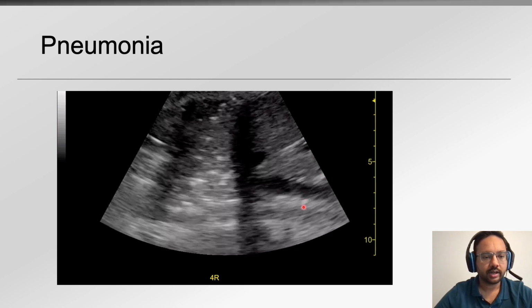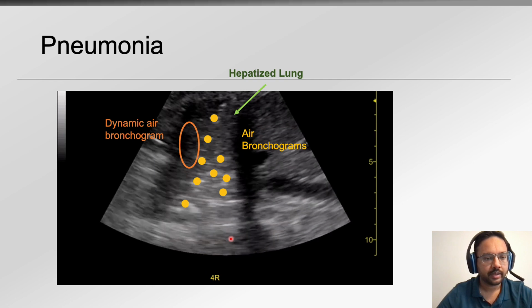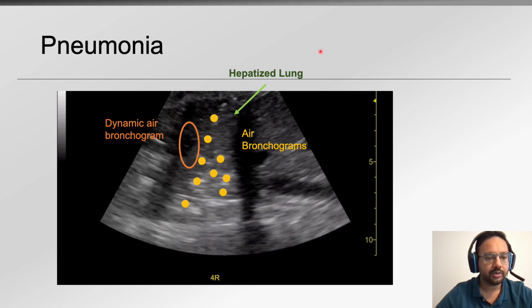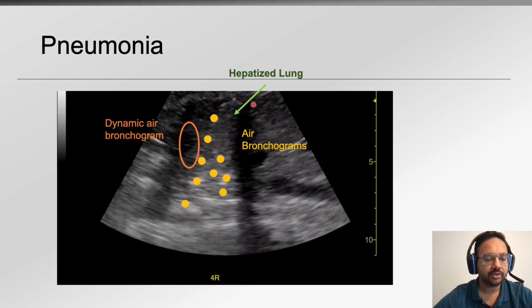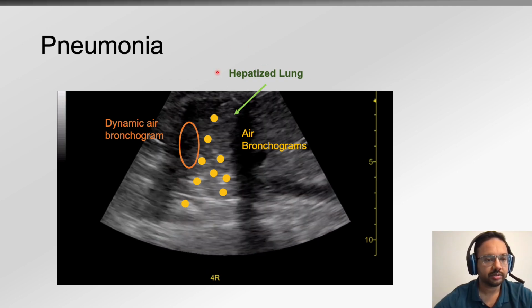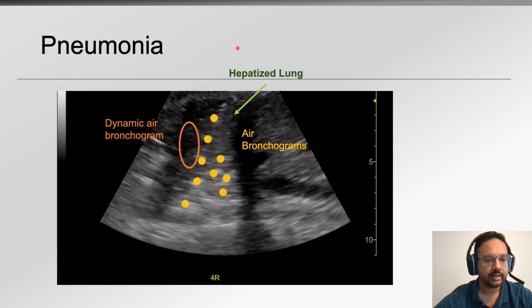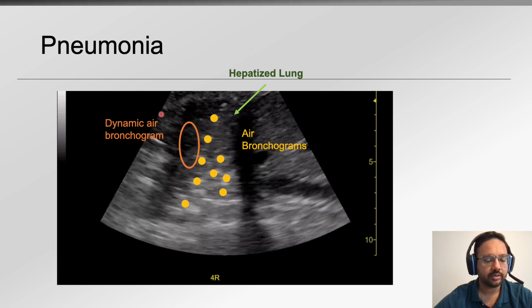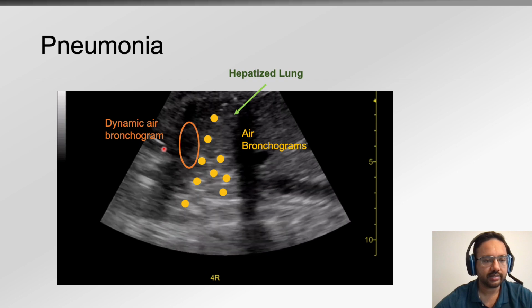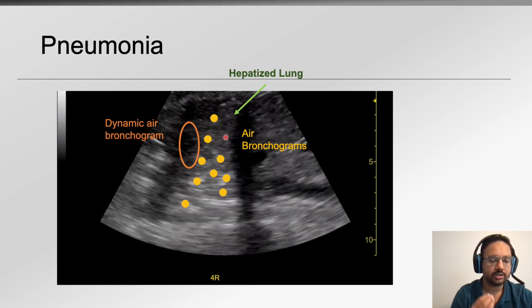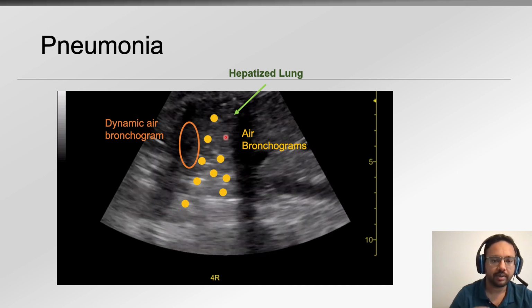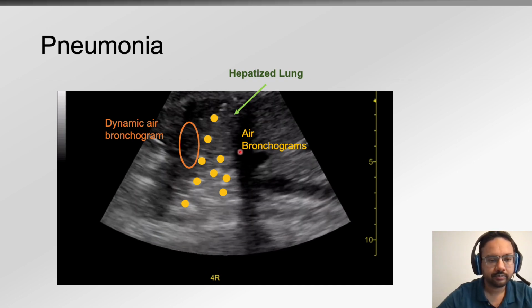So let's start with this first picture that I'm going to play for you all. Here are a few different signs that you see in this picture. The first thing I want to point out is what's known as a hepatized lung. If you pay close attention to this image, at least the top portion looks like a dense tissue, which is very similar to the appearance of the liver.